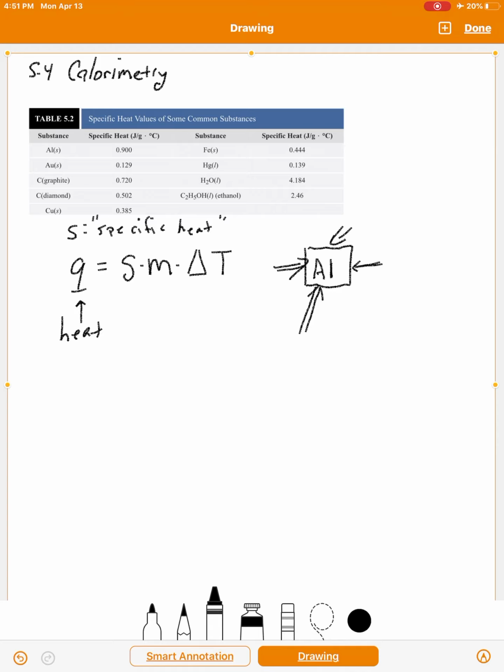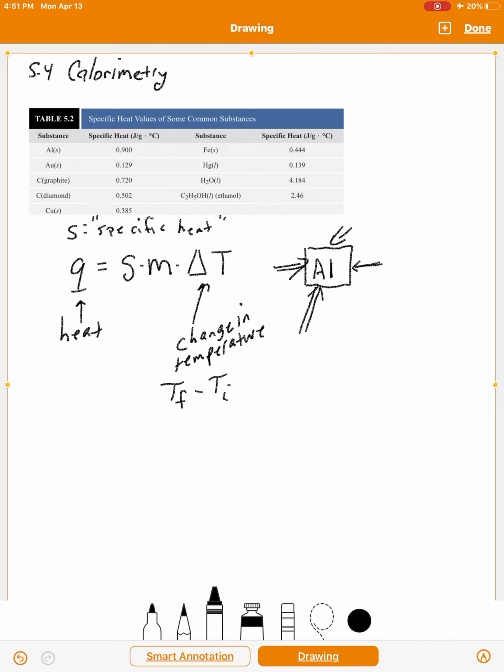What this equation says is that if you measure the change in temperature of the aluminum, and remember, change in temperature is the final temperature minus the initial temperature.